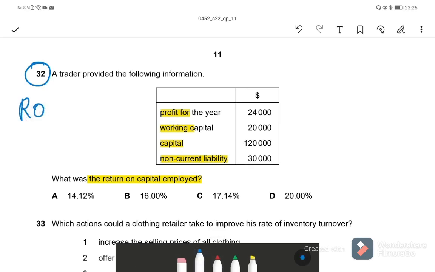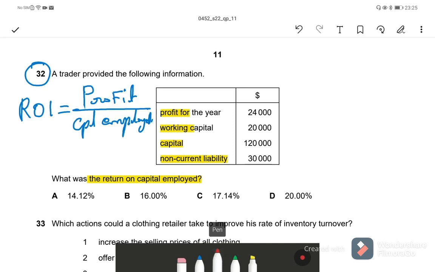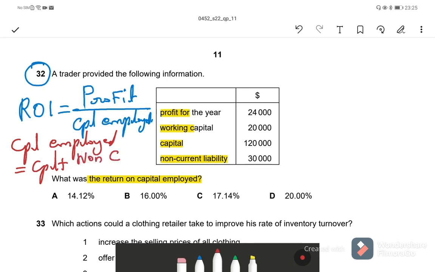Return on investment or return on capital employed is equal to profit divided by capital employed. Capital employed is equal to capital plus non-current liabilities.